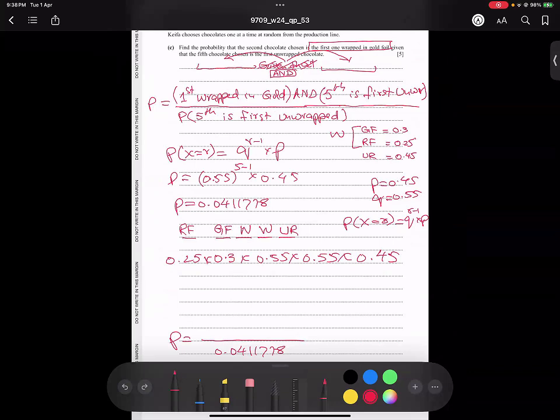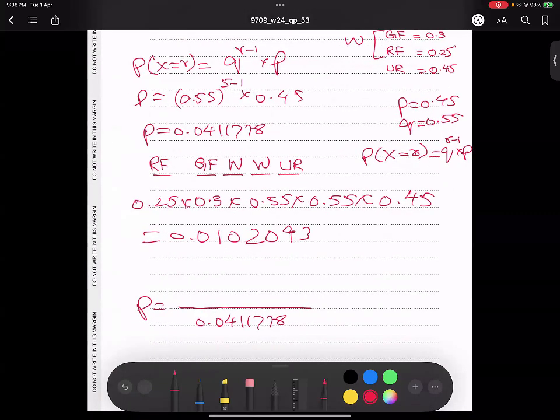Well, let me check it. If I type it in the calculator, what does it come to? Let me finally check. Yes, students, it comes to 0.0102093, which I'm writing in the numerator, 0.0102093, divided by 0.0411778.